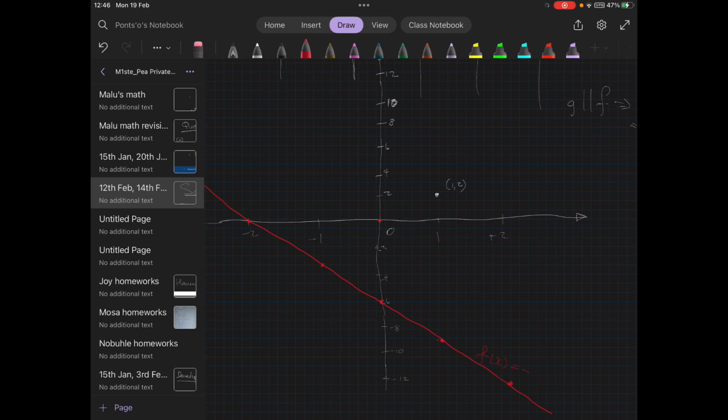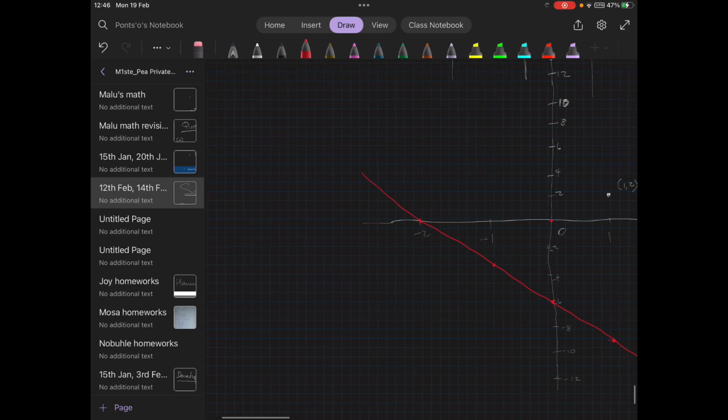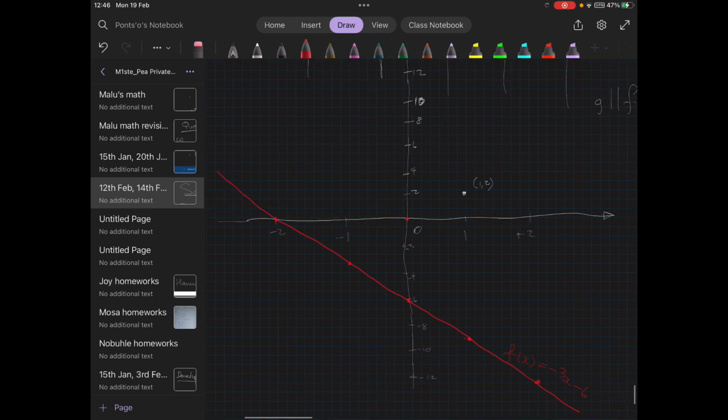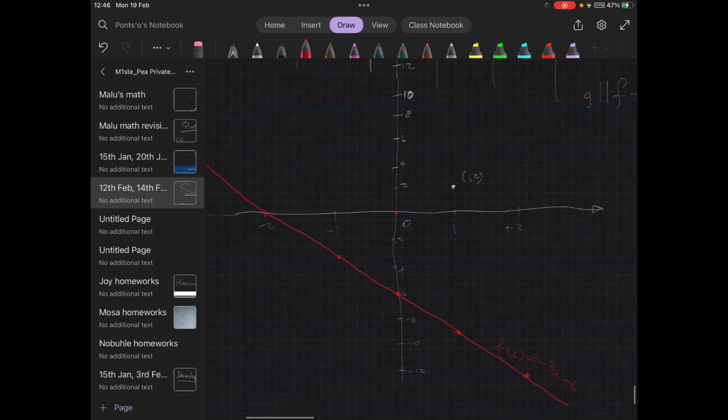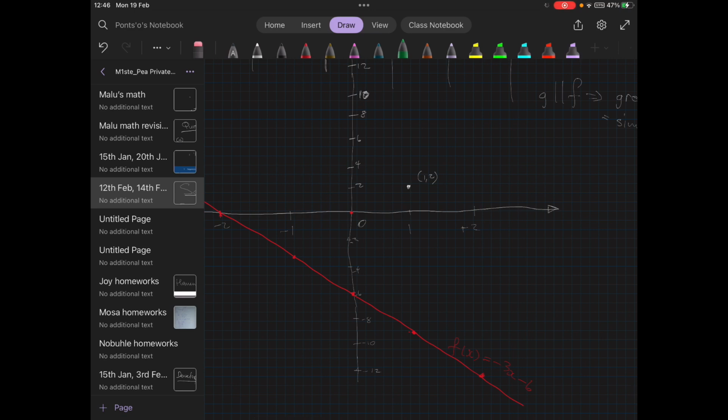That's f of x equals negative 3x minus 6. So that makes sense because our y-intercept, where x is 0, is negative 6, and where y is 0, x is negative 2. So those are the significant characteristics of f of x.